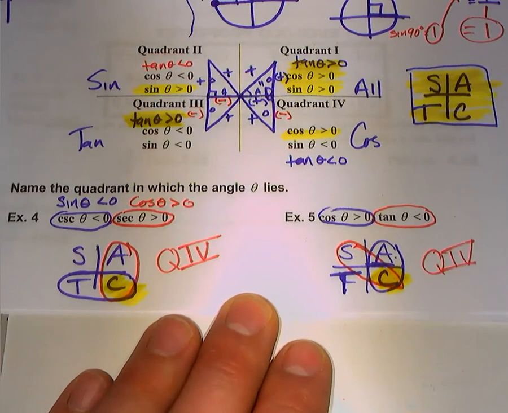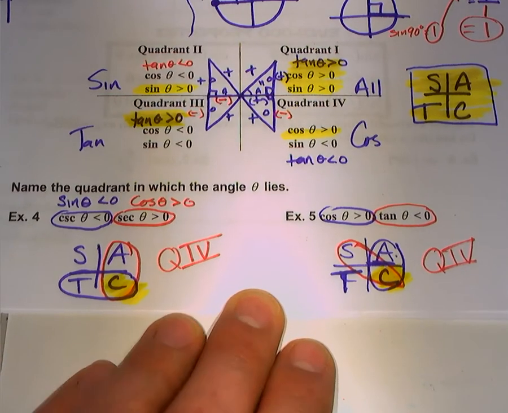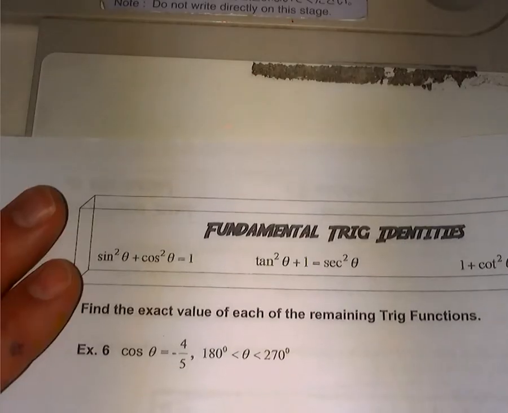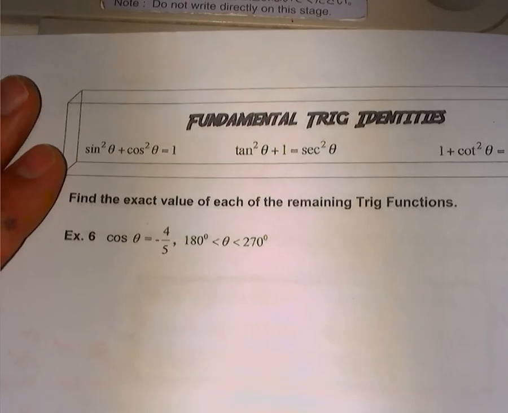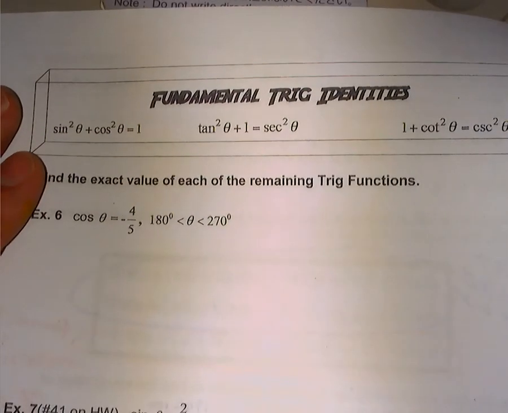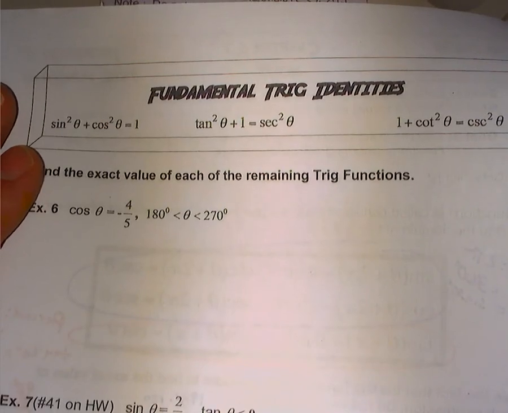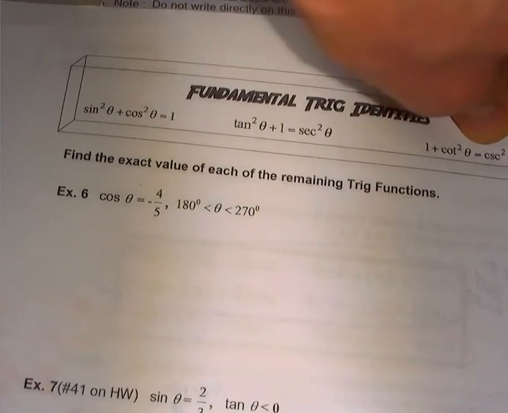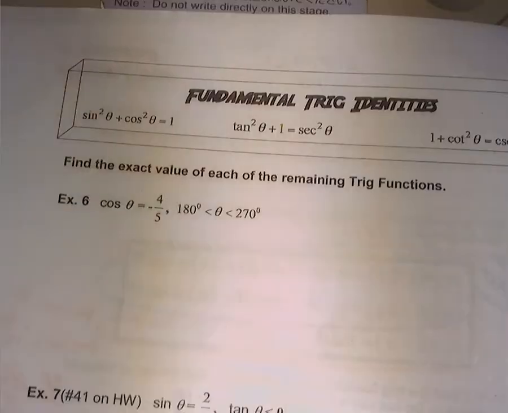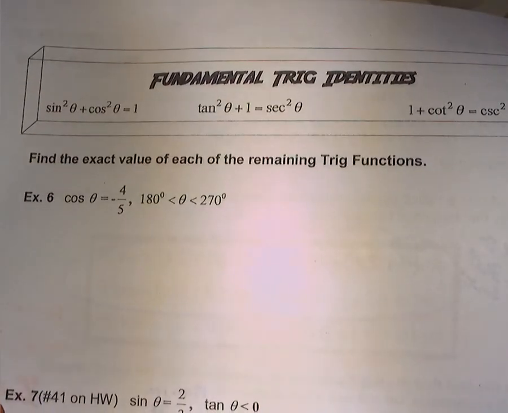All right. Any questions? All right, let's move along. We got at least 2 more, 3 more I want to talk about. Now the textbook starts introducing these fundamental trig identities here. We also call them the Pythagorean identities. Sine squared plus cosine squared equals 1. Tangent squared plus 1 equals secant squared, and 1 plus cotangent squared equals cosecant squared.